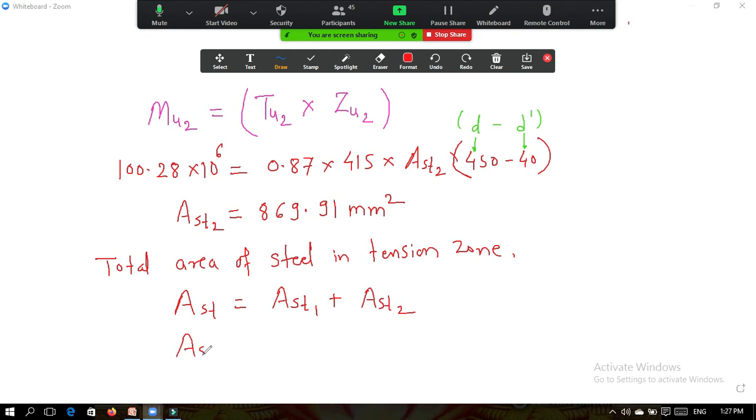So total AST is equal to AST1 किती आलं होतं आपलं, AST2 आहे 869.91. AST1 किती आलं होतं 1071 ना, काय आलं होतं लक्षात नाही माझ्या, सांगा. 1077. 1077.1. Okay, so if you do the addition, this is not AST1, sorry, this is total AST.